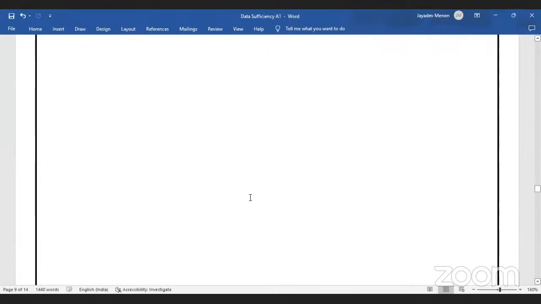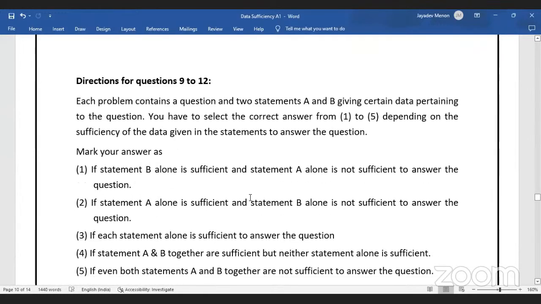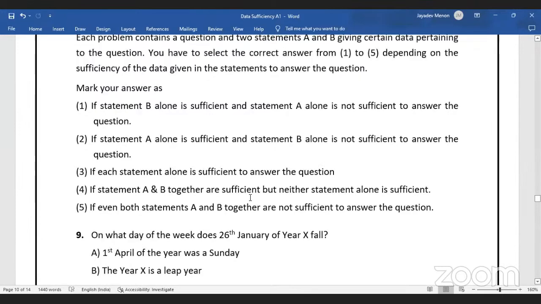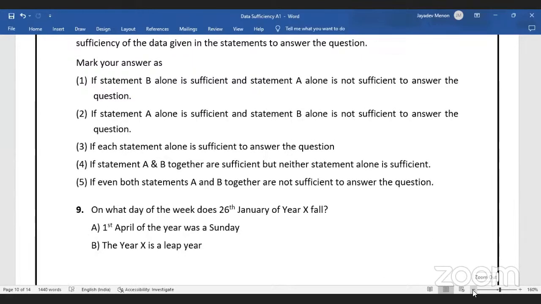Next one. Very good, Anjana, Abhirami. Option 4, Kartika, Sachu.